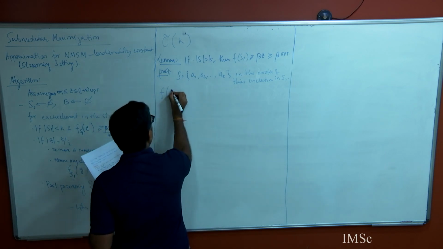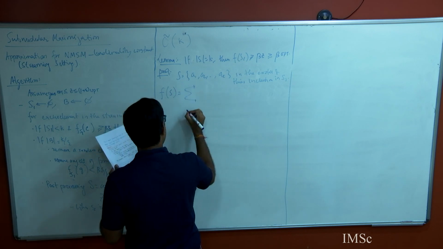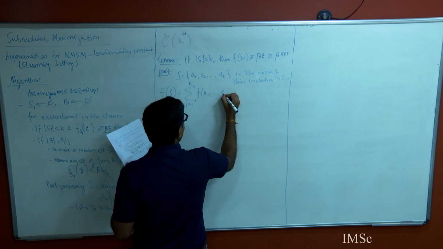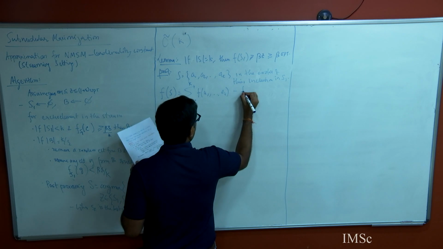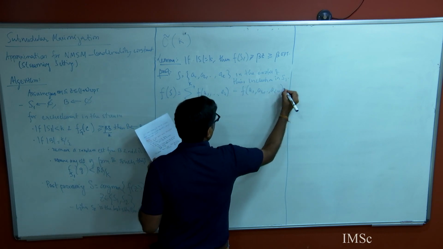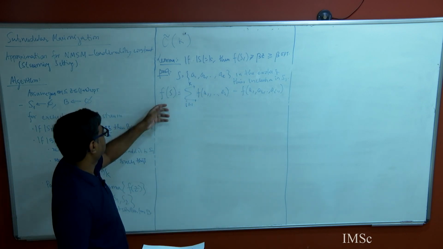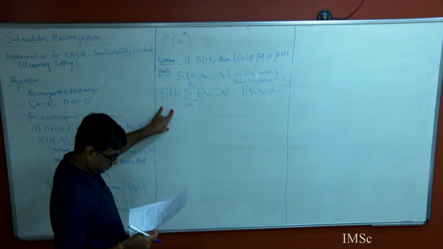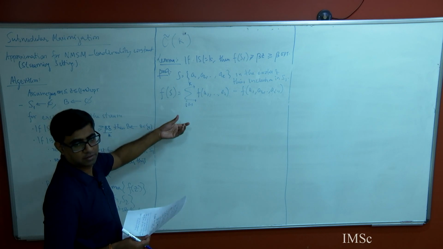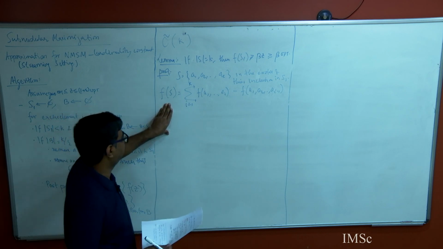So what is f of s? f of s is the summation, i equal to 1 to k, of f of a1 to ai minus f of a1 to ai minus 1. We can do this sum. Is this correct?